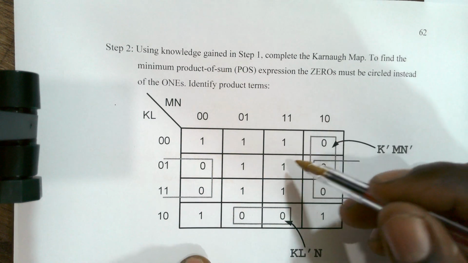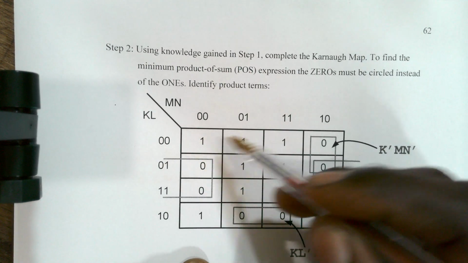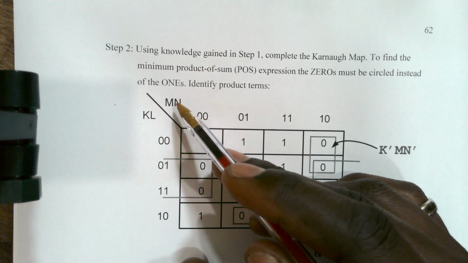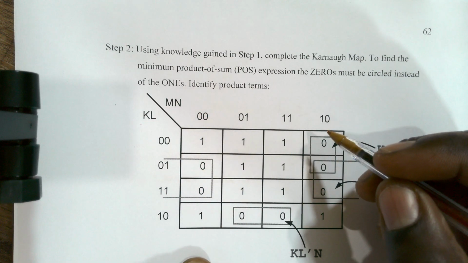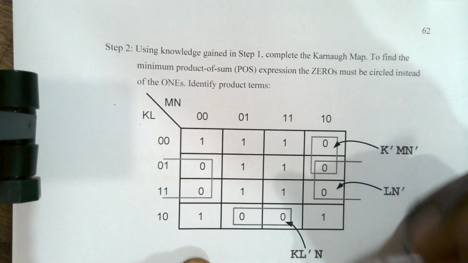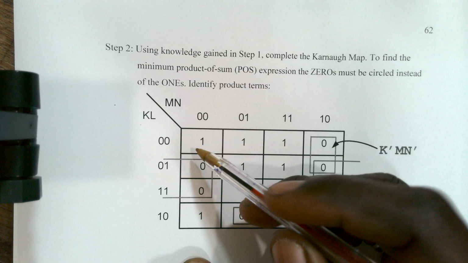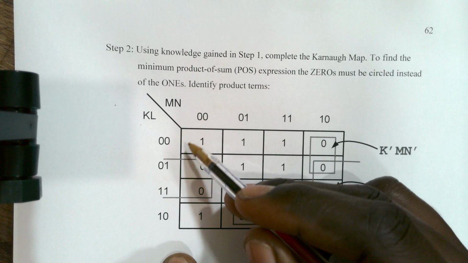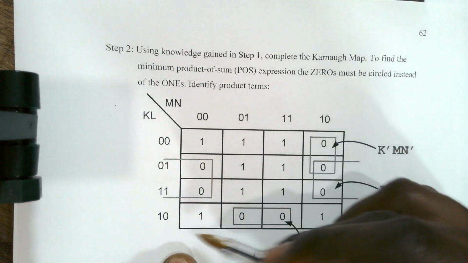Now, this is a 4-variable Karnaugh Map, so when we draw it, it's normally 2 variables on one side and 2 variables on the other side. If we were to have a truth table, the Karnaugh Map will be like a matrix of 16 squares.